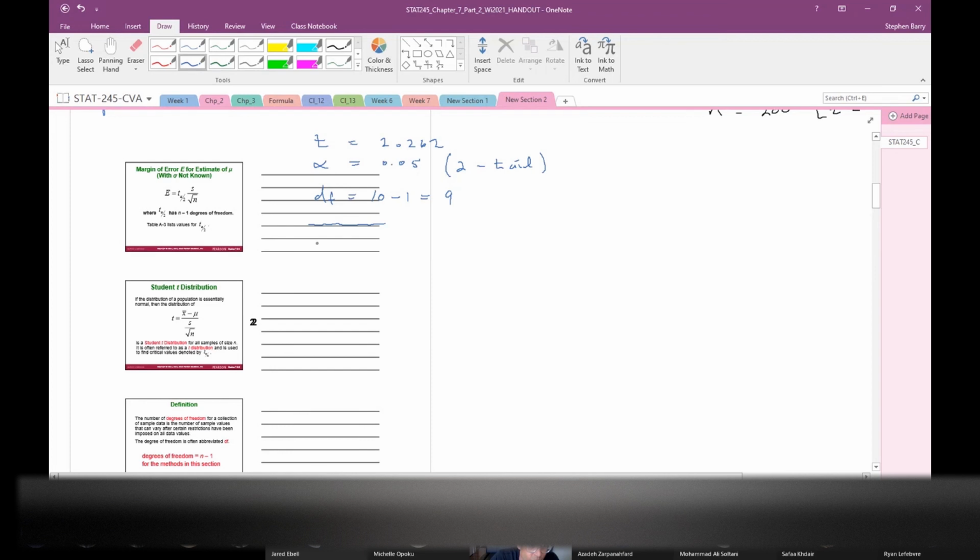So let's use our formula. This is kind of step 1, I guess. Step 2, label your steps so that I know where to give you marks. Right, let's calculate the error. 0.75 we decided would be our standard deviation, square root of 10.